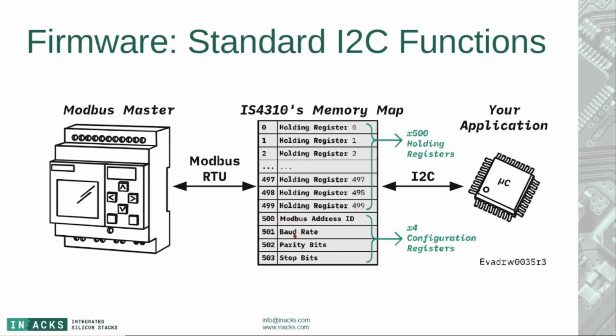And these 3 registers over here are the typical serial configuration parameters: the baud rate of the Modbus RTU speed, the parity bits, and the stop bits. This is the typical serial configuration. That's all. So just read and write the memory map. The master will do the same, and that's how you exchange the information. And forget about all the Modbus implementation.